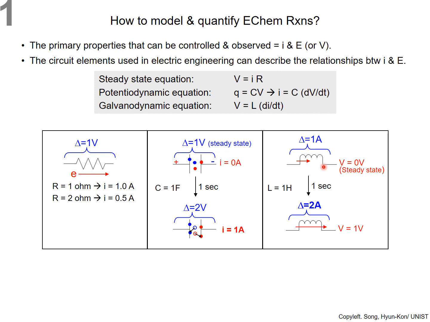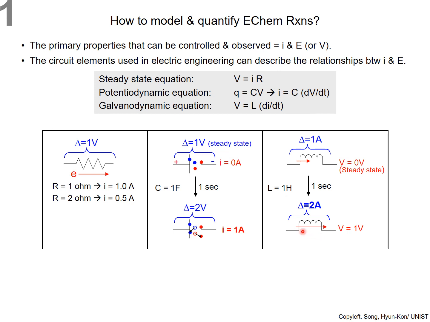However, let me change the current from 1 ampere to 2 ampere during 1 second. It means the current scan rate is 1 ampere per second for dI/dt. And also let me assume that the inductance for this copper wire coil is 1 Henry.